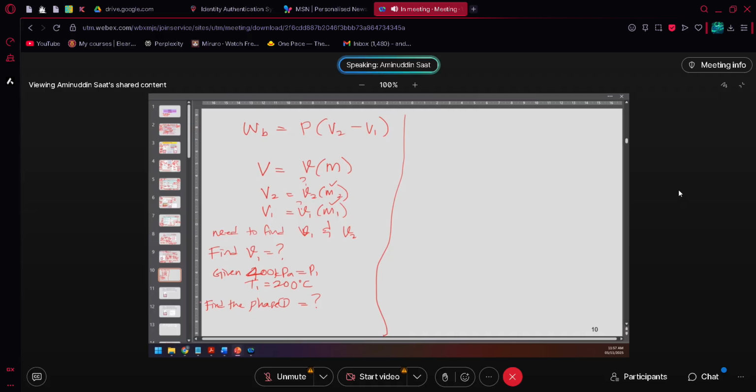Given two pieces of information, pressure and temperature, you can choose either one. Normally, like I say, I prefer to take the pressure and find the saturation temperature. So at 400 kilopascal, find Ts. What is Ts at 400 kilopascal?